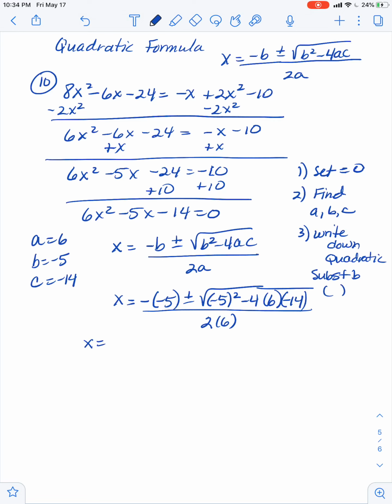From here, you're just going to simplify it. So the opposite of a -5 would be +5. -5 squared would be 25. And in this position, it's always going to be positive. And then I'm going to multiply 6 times 4 times -14.